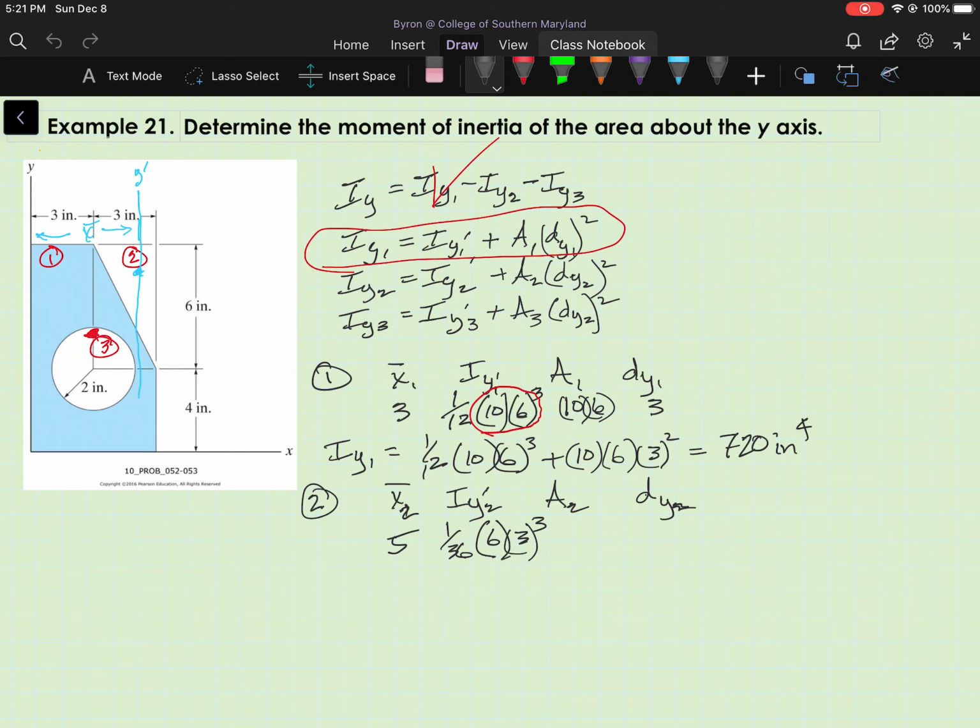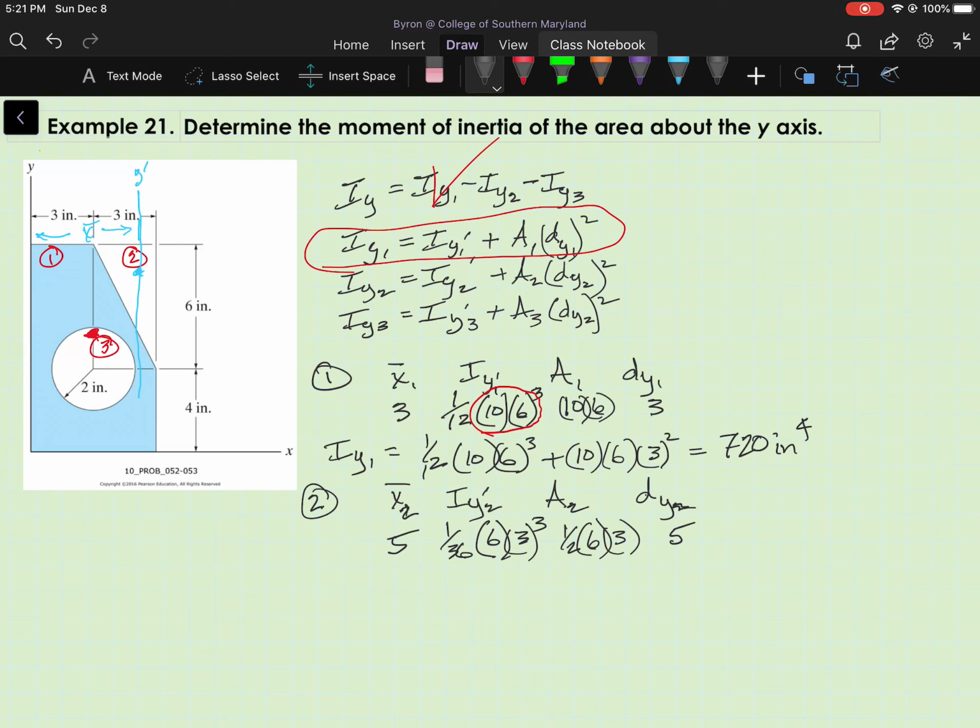Okay, the area of a triangle is 1/2 base times height. And the distance from the y-axis to the axis going through the centroid is that same 5 inches that we had for x bar. Okay.